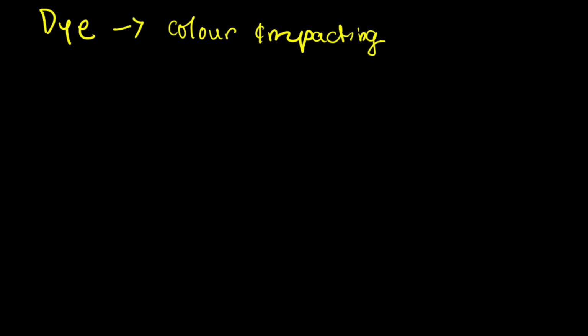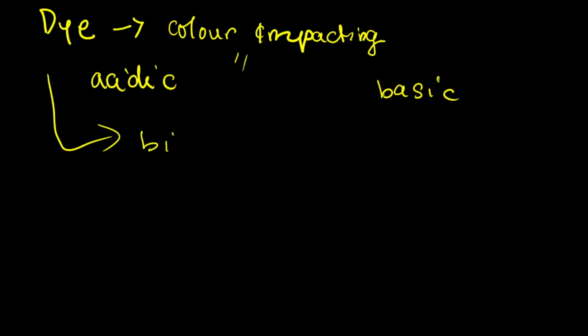In the dye we have a mixture of different substances, however a particular component of the dye is what impacts the color, and not the entire dye. In a given dye we could have an acidic color impacting component, or a basic color impacting component. Generally, what the dye provides is a bright color stain.